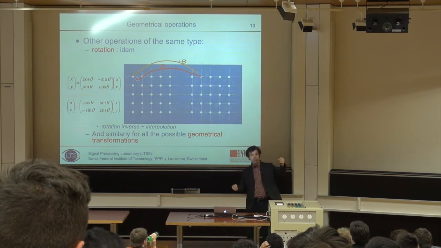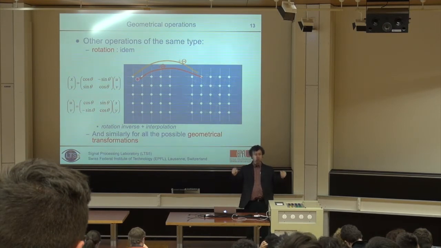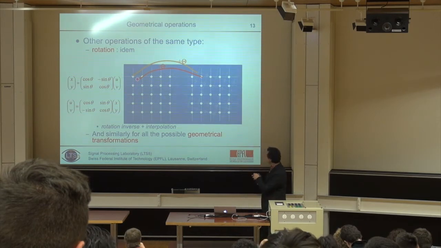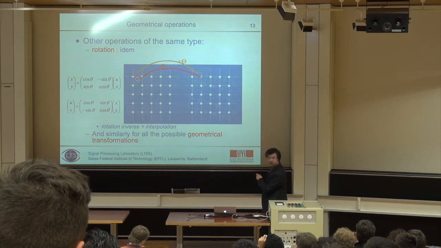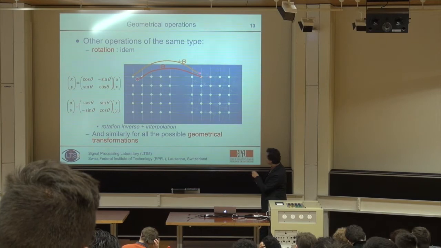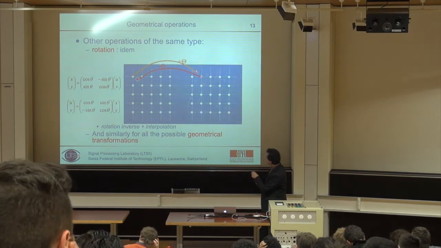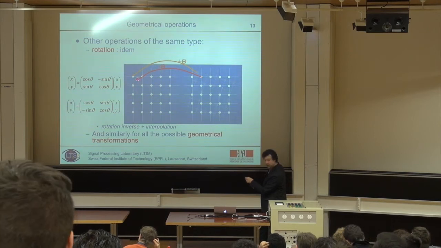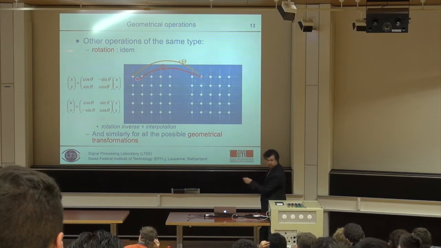But you don't want to turn your screen. You want to reconstruct a straight image that corresponds to a rotated content. So basically, you know those points here, but what you want to know is the point here. So you have to find the value to put here by interpolating between the neighbors. So you say, okay, this point comes from there. These points will therefore come from there by inverse rotation.